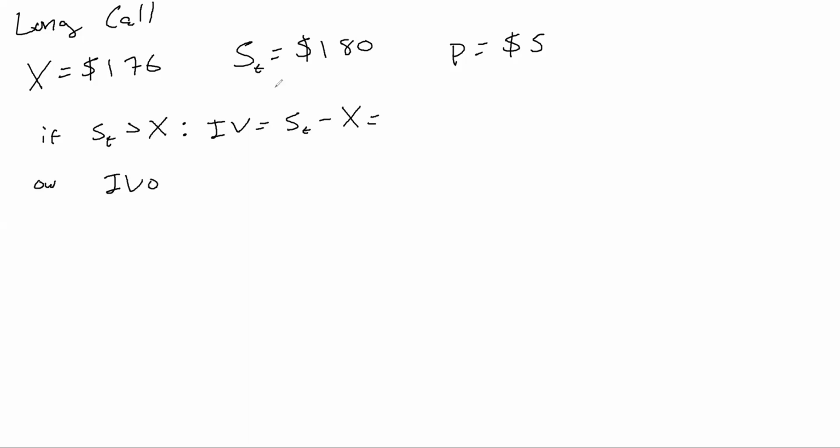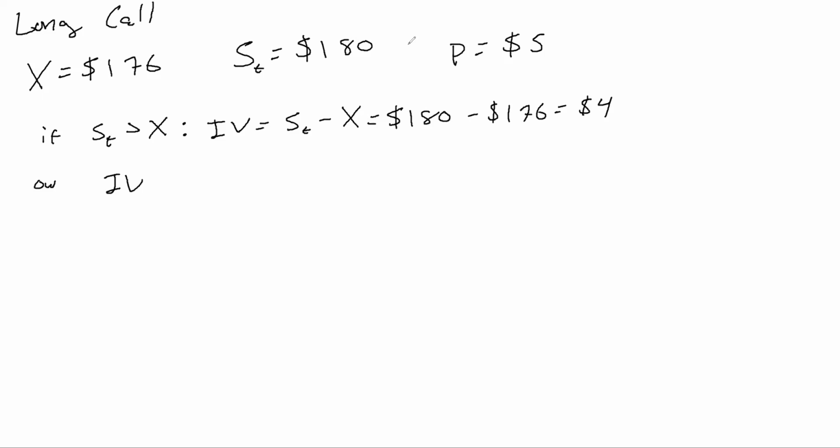So since the stock price of $180 is greater than $176, the intrinsic value is going to be 180 minus 176, which is going to be equal to 4. So the intrinsic value of our option is $4.